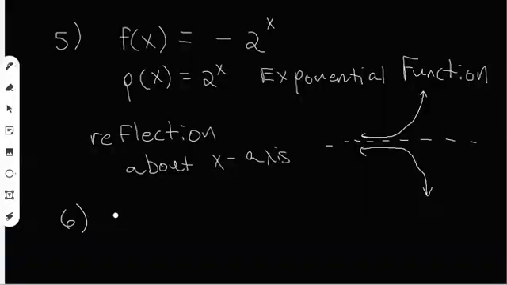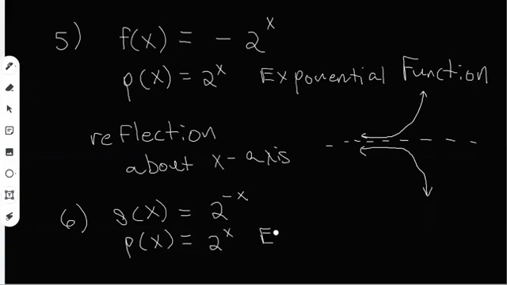And then lastly, let's do this one. G of x equals 2 to the negative x power. What would that look like? Well, it's still an exponential function, right? So we're still starting off with p of x equals 2 to the x power, the exponential function.